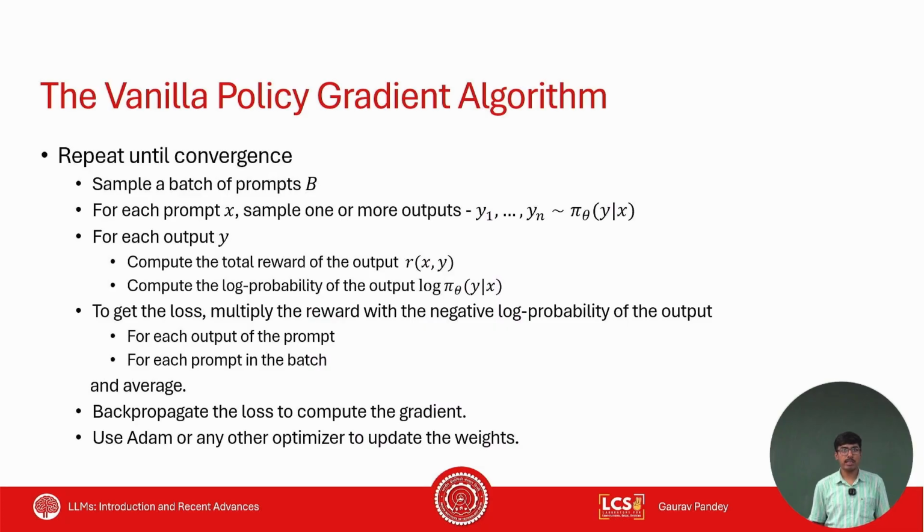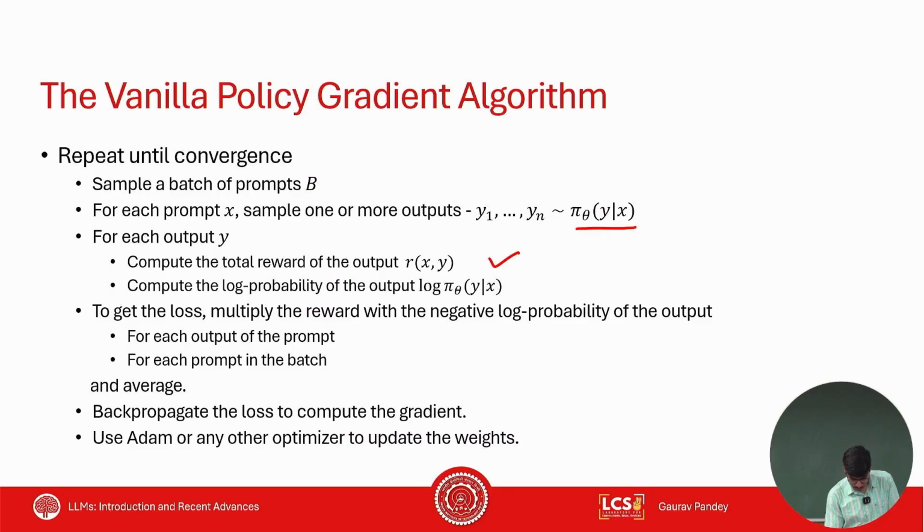So this is the algorithm. You repeat this process until you converge. You sample a bunch of prompts from the data, and for each prompt you get some outputs. You can use vLLM, SGLang, whatever framework you want to get sample outputs from the policy, the policy that you are training. For each output, compute the reward, and compute the log probability of the output under the policy that you are training.